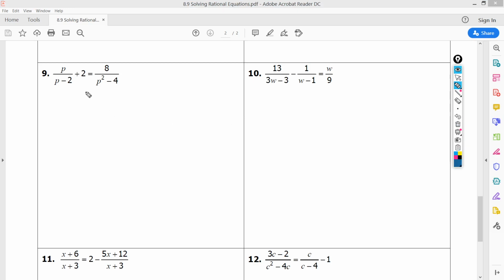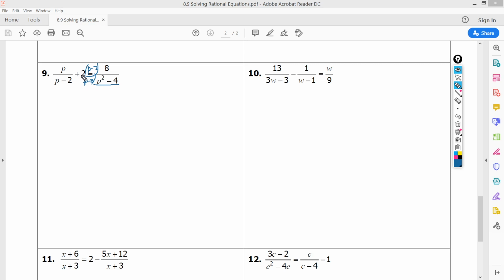So this one right here, first I think we want to combine these, and I think we also want to factor this p squared minus 4. My next step, I'm going to factor out this denominator right here, and I'm going to multiply this by p minus 2 over p minus 2.